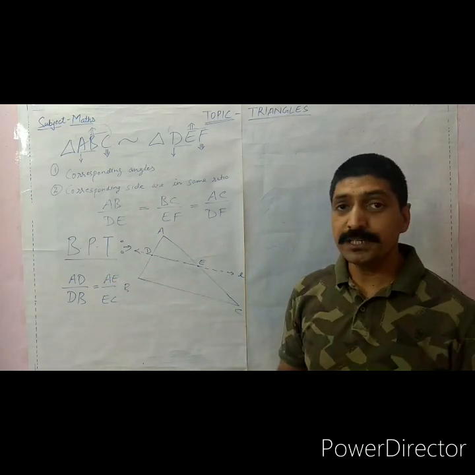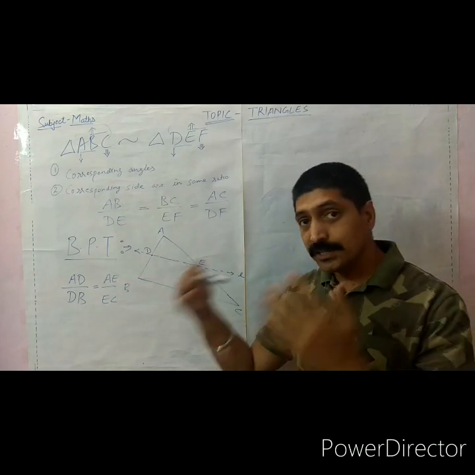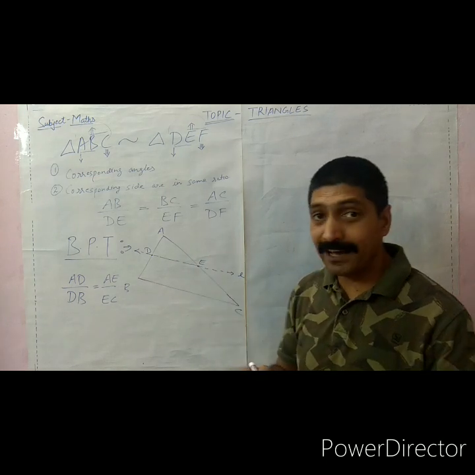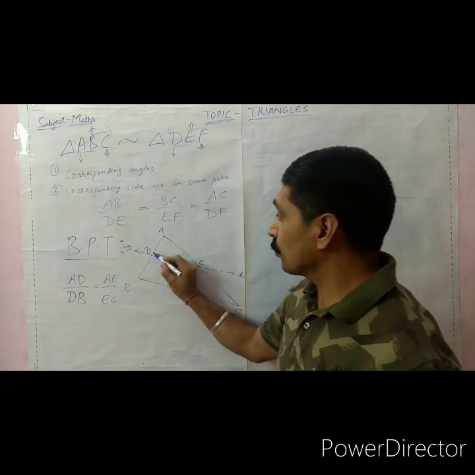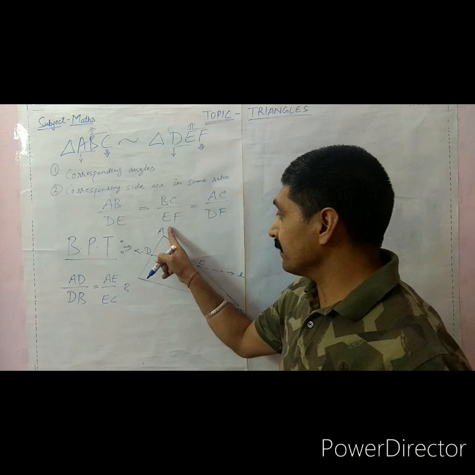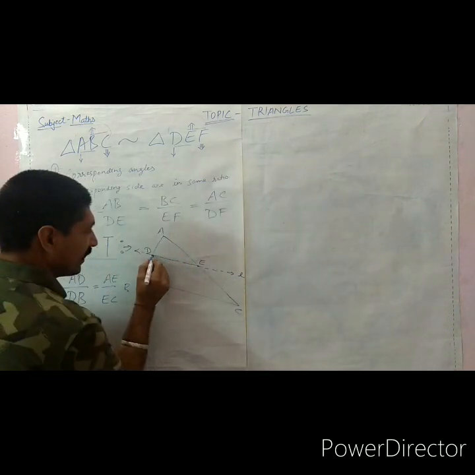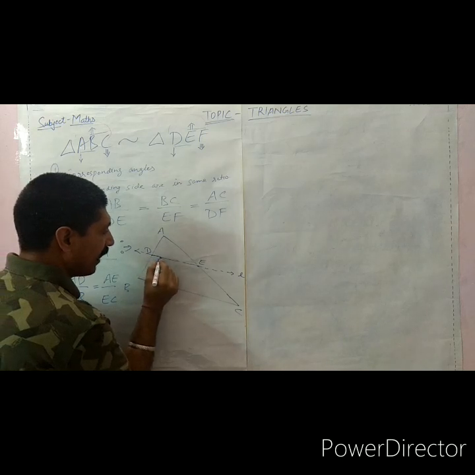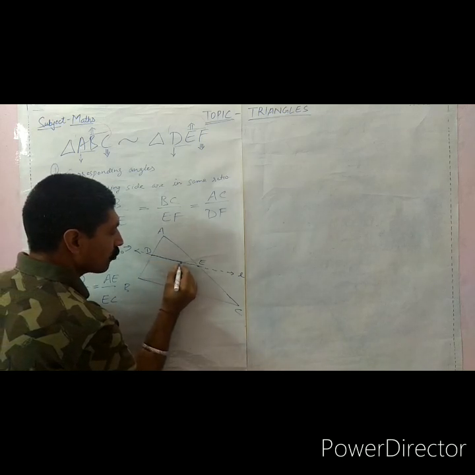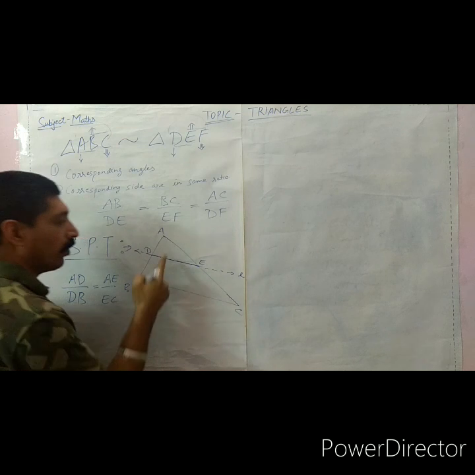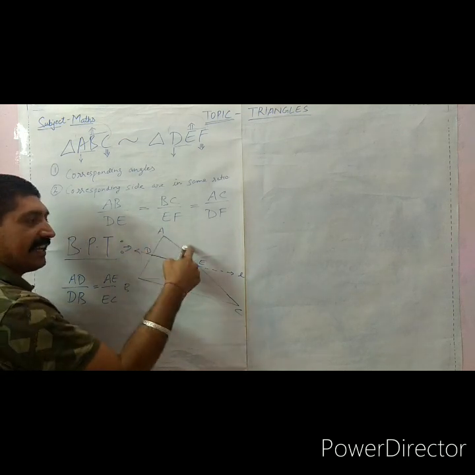So how to prove it? Just in three equations we have done it. We have taken triangle ADE. After taking this triangle ADE, we have drawn altitudes on the respective sides AD and AE.